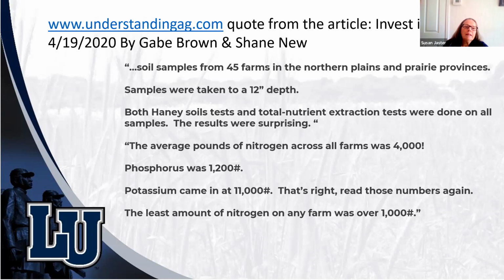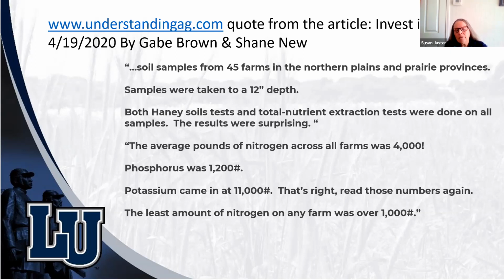Well, in 2020, they collected a bunch of soil samples from 45 farms in the northern plains and the prairie provinces. And they took samples, they did them all at 12 inches.